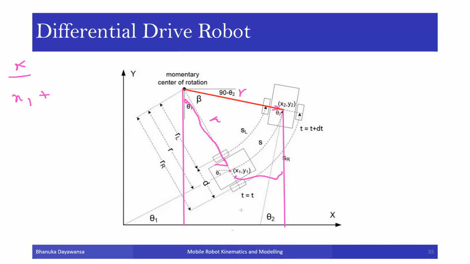R into cos 90 minus theta 2, yes, that is fine. That is correct. And also you can get it with respect to this aspect, which is also correct: R into sine theta 1 plus beta.